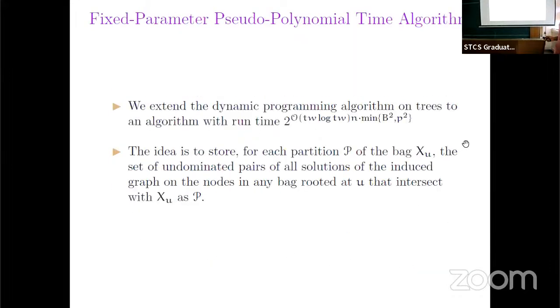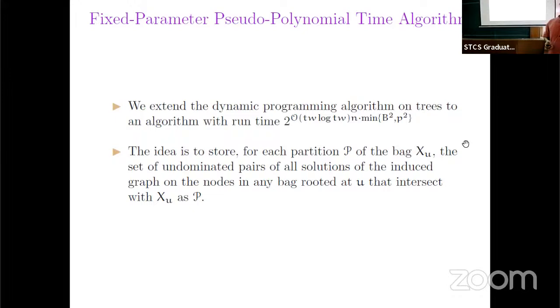Why not just store each subset? You have to do a table for the same information, but now for each subset of each bag. Not for each subset, for each partition of this bag. Because a solution is a subtree, some connected subgraph.